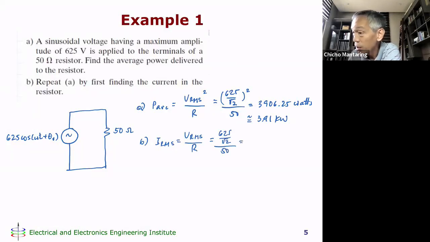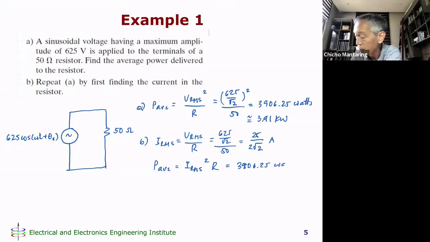So 625 over 50 is 25 over 2 times the square root of 2 amperes. So I can also compute for my average power. This is IRMS squared multiplied by R. So this should give me the same, 3906.25 watts.